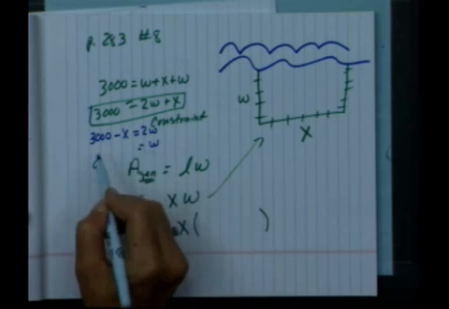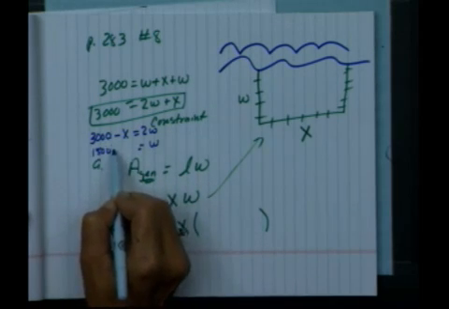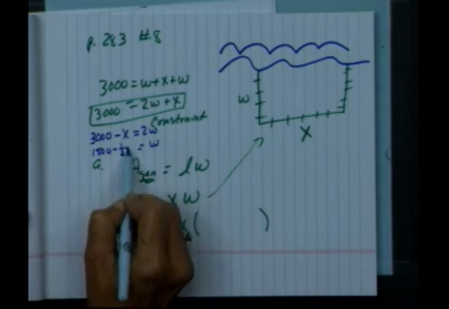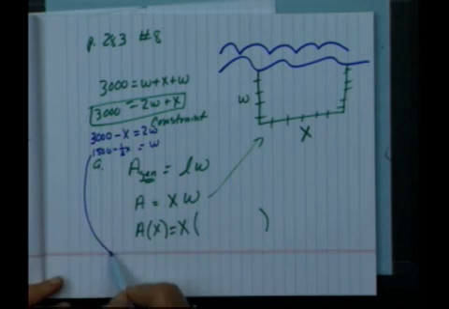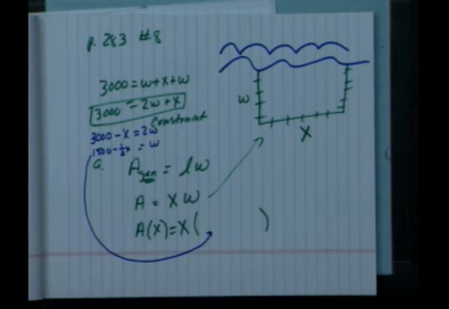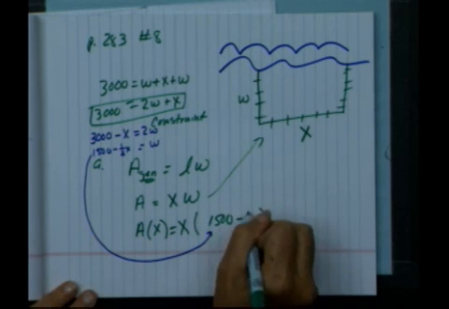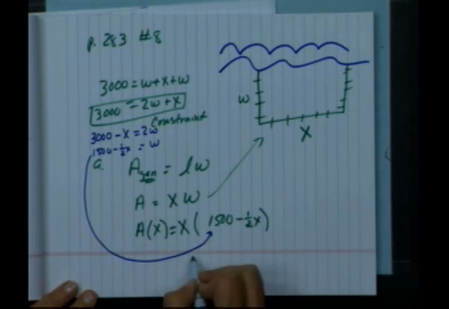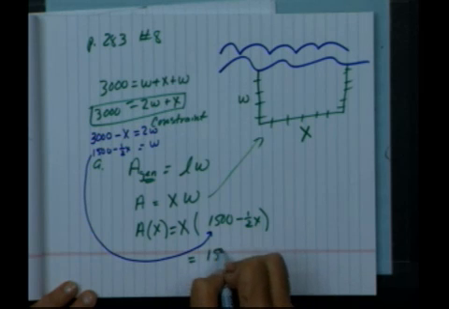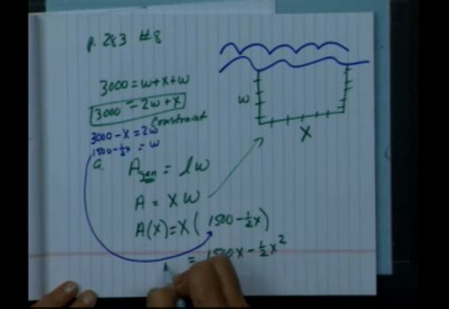So w is equal to 1,500, I'm dividing all the way through by 2, minus 1/2 x. Is that good? Yeah. Have you found your mistake? Mm-hmm. All right, so then this is going to come down here, and we have 1,500 minus 1/2 x. If you want to multiply that out, you're going to get 1,500x minus 1/2 x squared.